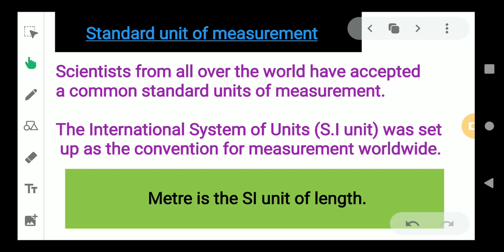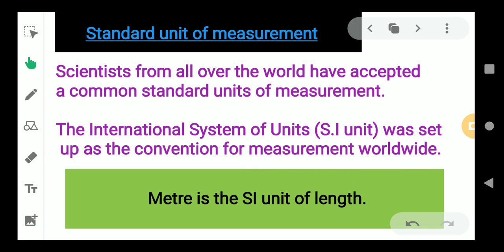Standard unit of measurement. Scientists from all over the world have accepted common standard units of measurement. The International System of Units, that means SI unit, was set up as the convention for measurement worldwide.